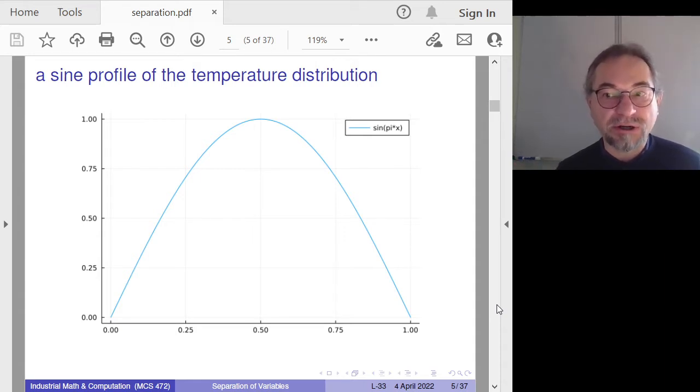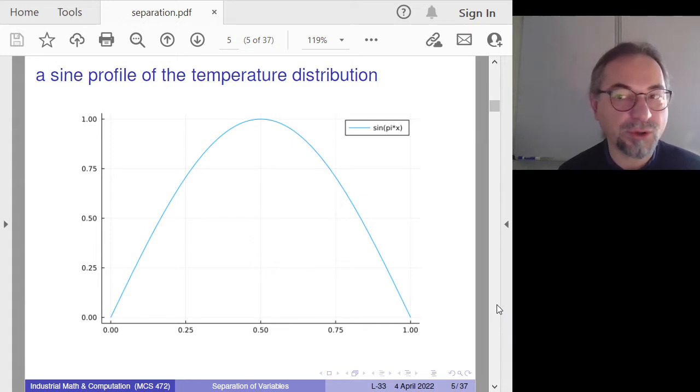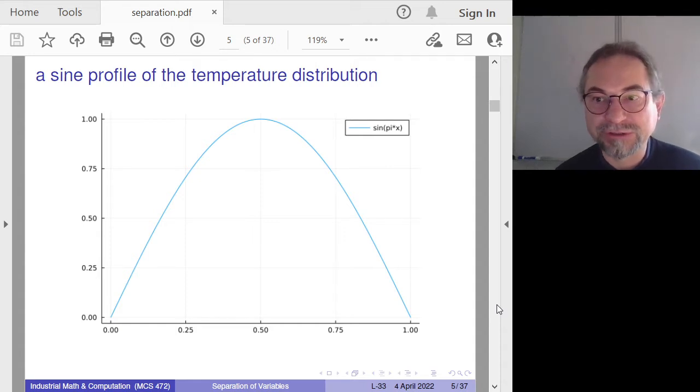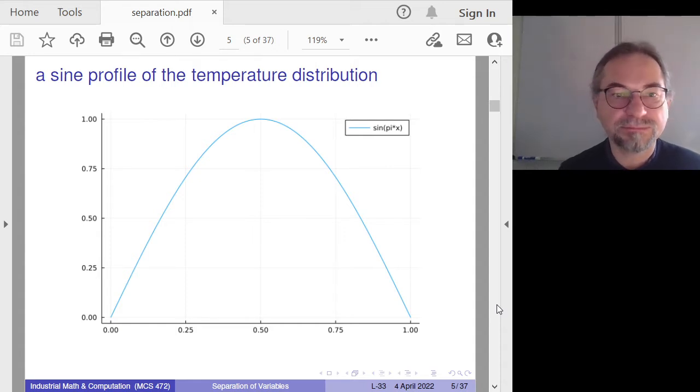We will actually describe the solution in terms of sine functions running at increasing frequency. So this is a sine function running between 0 and 1 that takes values also between 0 and 1. So in a way, this looks like a plausible temperature distribution at some point.